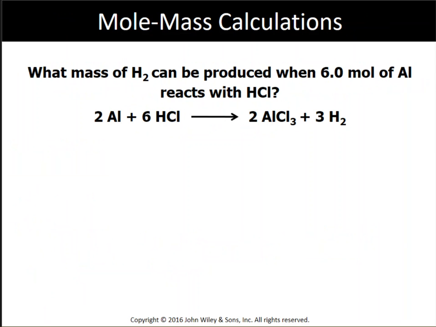Now let's look at examples when we go from moles of a given compound to a mass of another one. So you want to know what mass of hydrogen can be produced when 6 moles of aluminum reacts with hydrochloric acid. So moles of aluminum are given, and we're trying to find mass of H2.